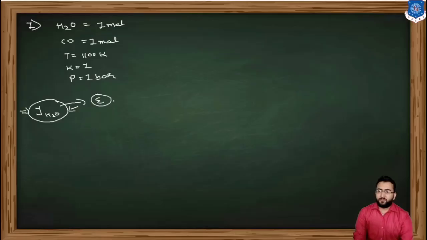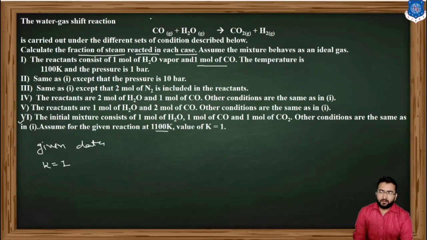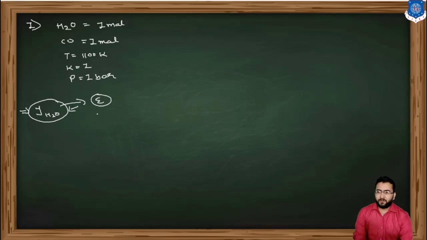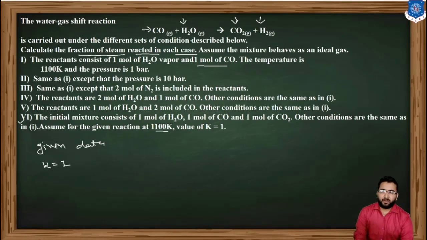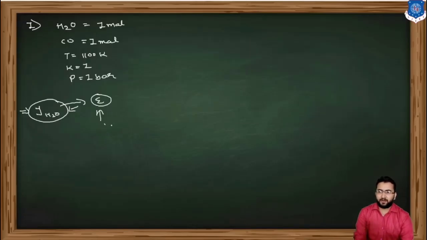Then we have to find the equation for all the terms, so that we can find the value of epsilon using all those equations, for each compound. Then we have to find the value of K. The value of K is already given.